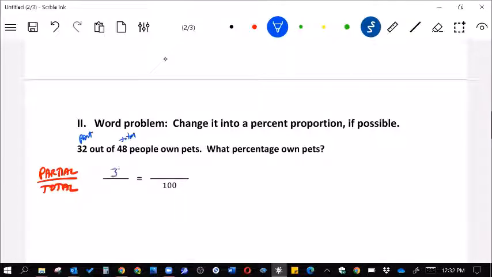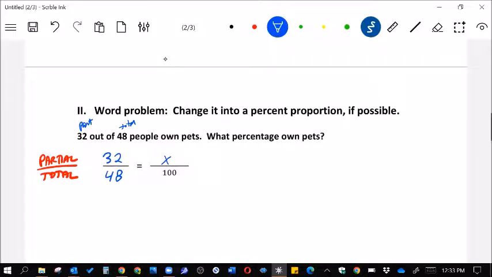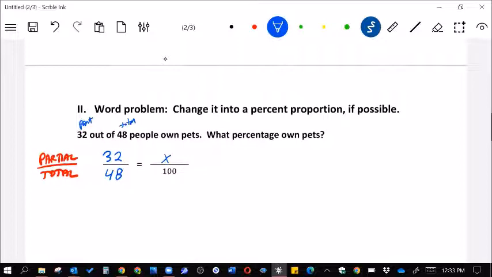So it's 32 over 48, and we want to know what percent that is, what it would be over 100. So we can do the long hard way of cross multiplying. I say long hard way because we've got pretty big numbers there to deal with.